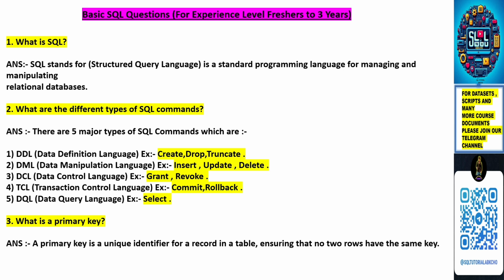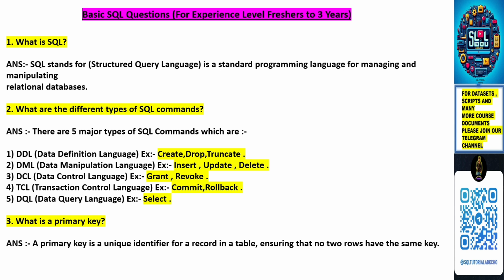Now question number two. What are the different types of SQL commands? There are five major types of SQL commands. DDL, data definition language, which contains create, drop, truncate commands. Second is DML, data manipulation language, which contains the insert, update, and delete commands. Then we have the DCL, data control language, which has the grant and revoke commands.